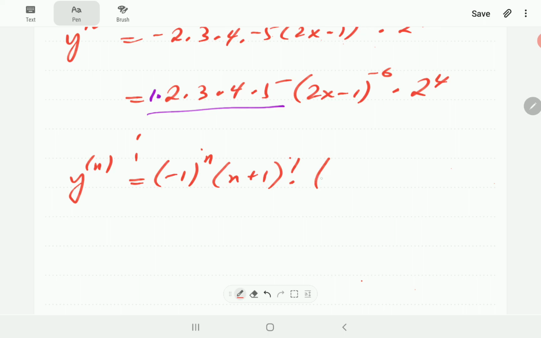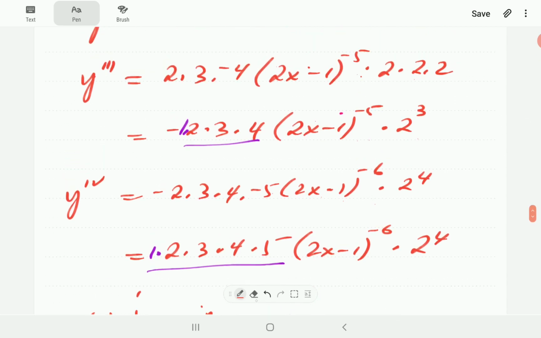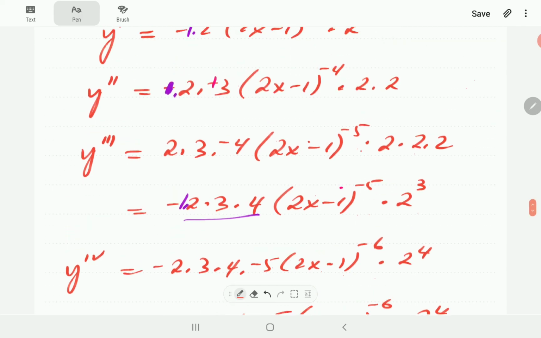Then we have the power of (2x - 1), which is always negative. For the fourth order derivative, it's negative 6. For the third order derivative, it's negative 5.